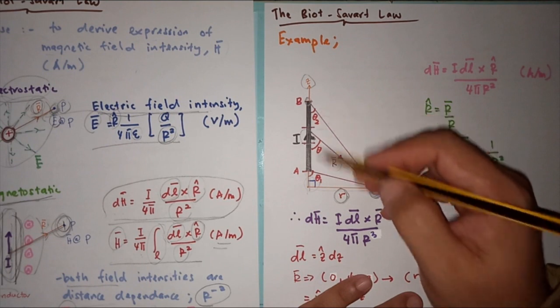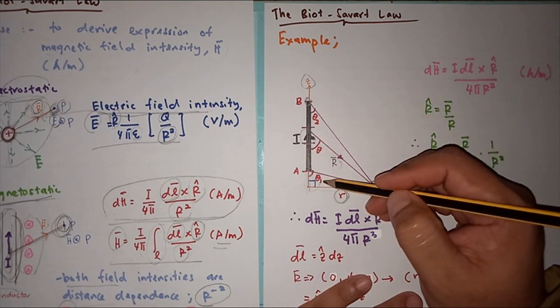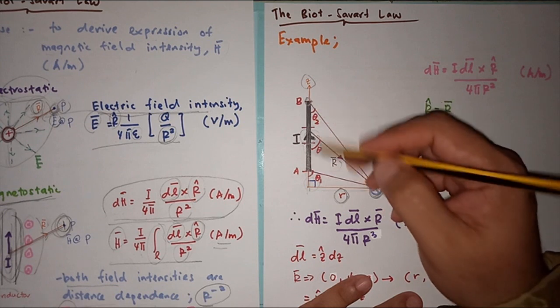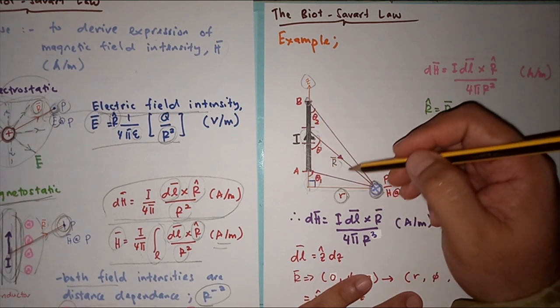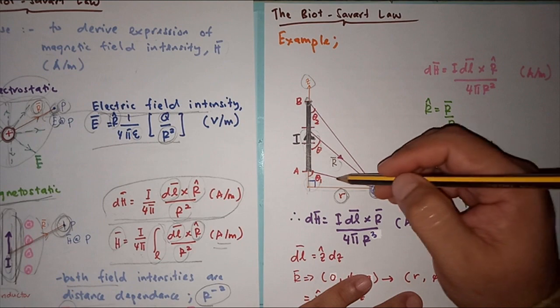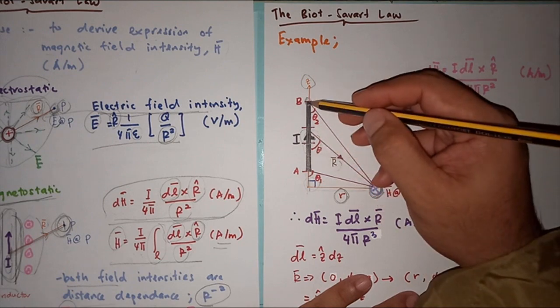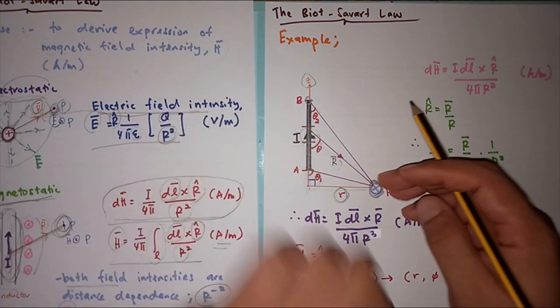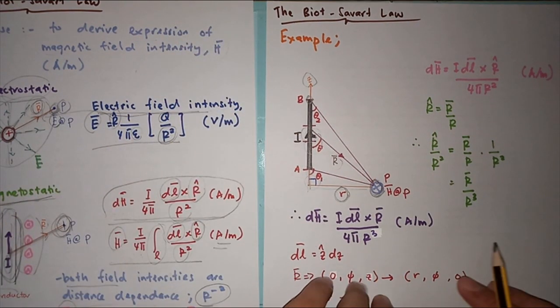We have three different angles: theta 1, theta and theta 2. This theta is the average of the angle between these two limits, representing the angle between our current here and our test point here.